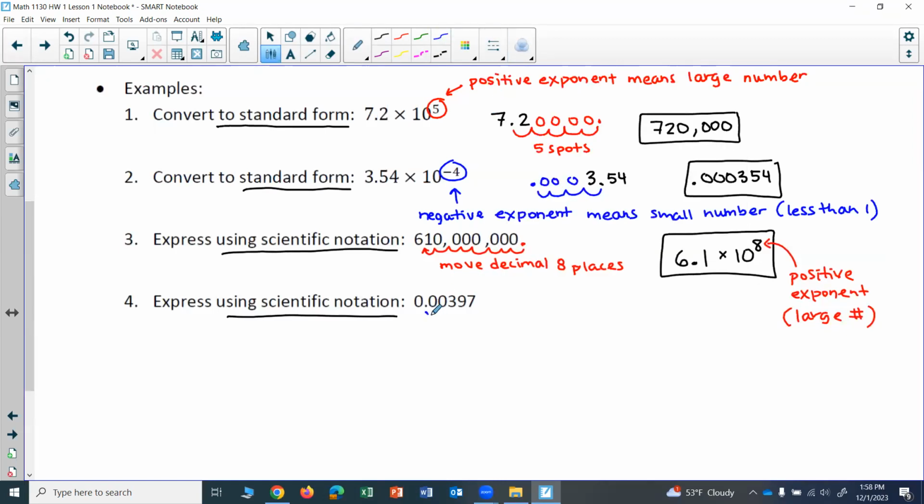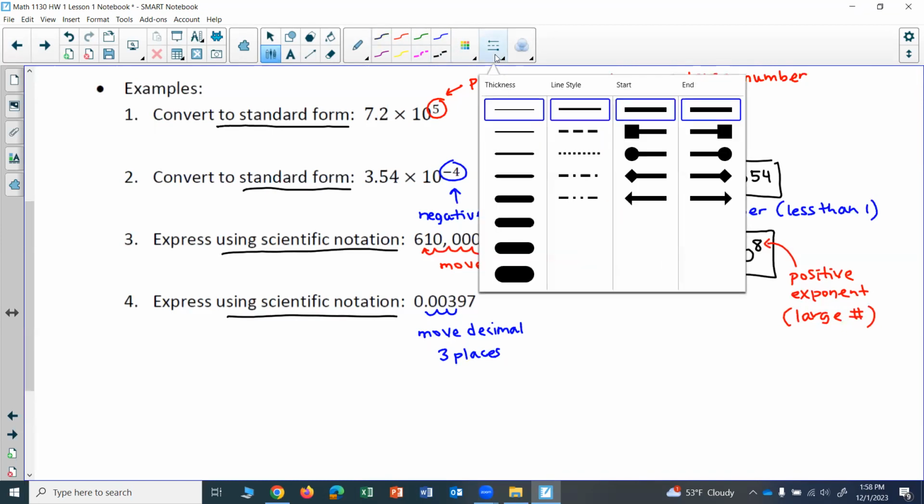So I'm going to move that decimal 1, 2, 3 spots. So I move the decimal 3 places. And again, this is to get exactly one non-zero digit in front of the decimal.